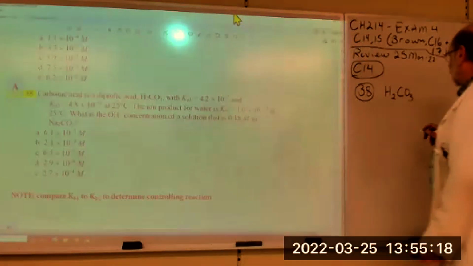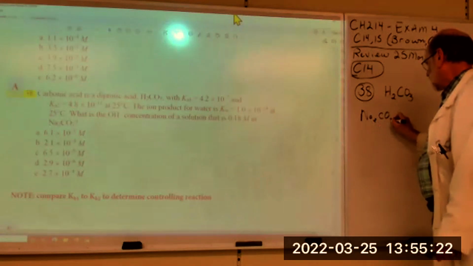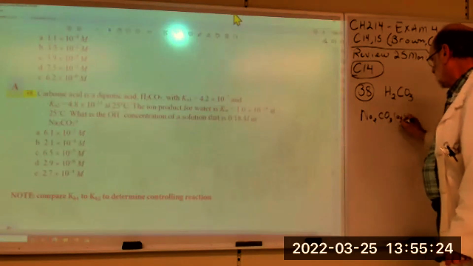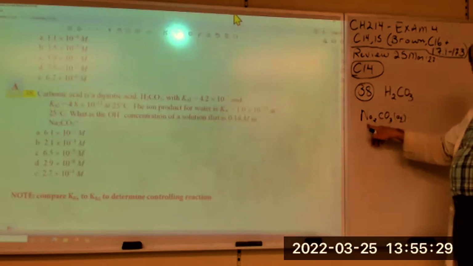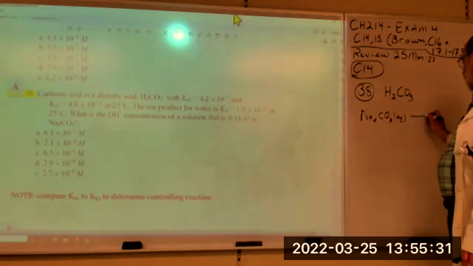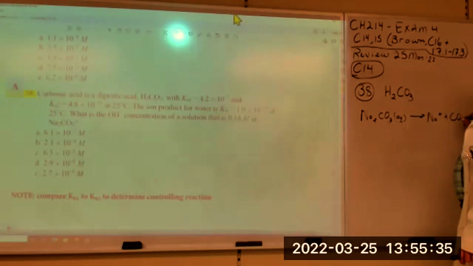Okay, here what you do is say sodium carbonate. What's it going to do in aqueous solution? It's completely soluble, right? All sodium salts are completely soluble. So what it's going to make is sodium ions plus carbonate ions. In fact, it'll make two of these.